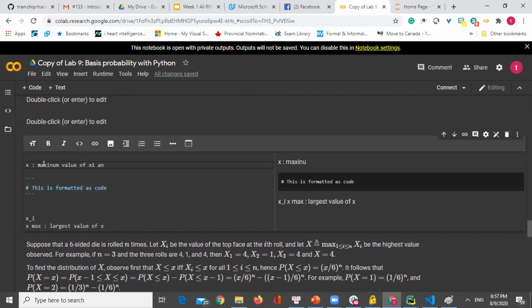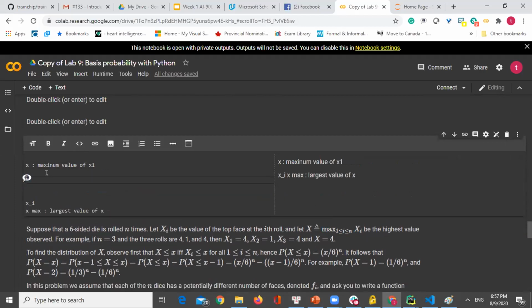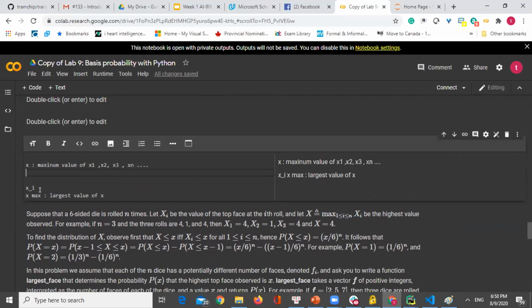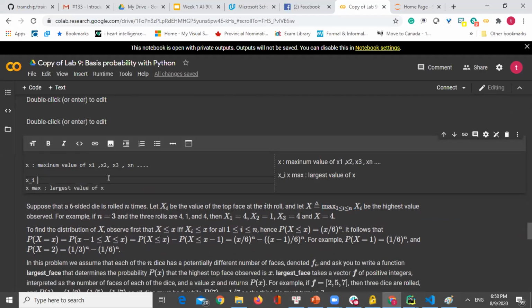The continuation point is between x3 and xn, not after xn. Xn is the last element.